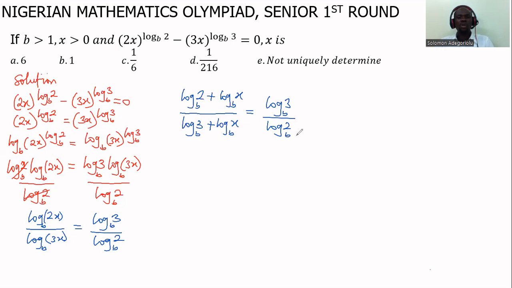All right, from here now, we are free to cross multiply, so we can cross multiply from this part. This is multiplying the numerator, this is multiplying the denominator.